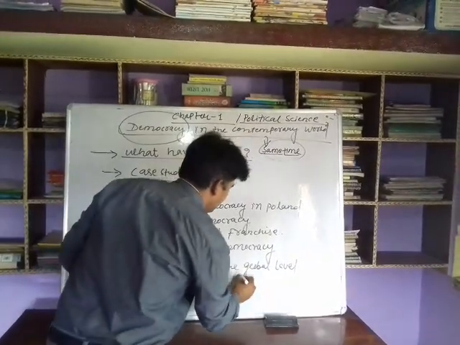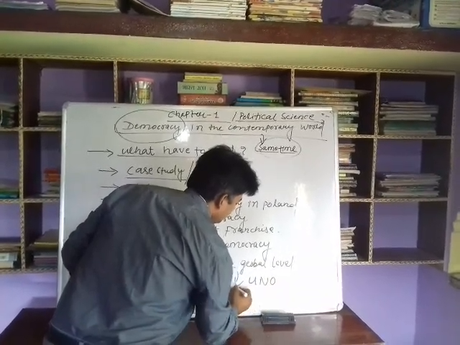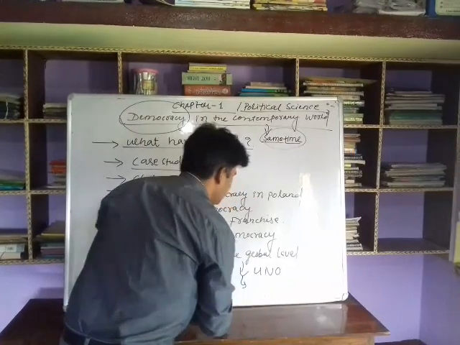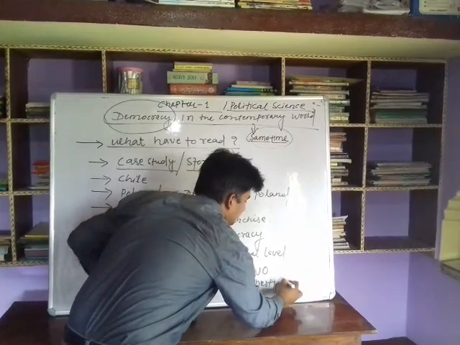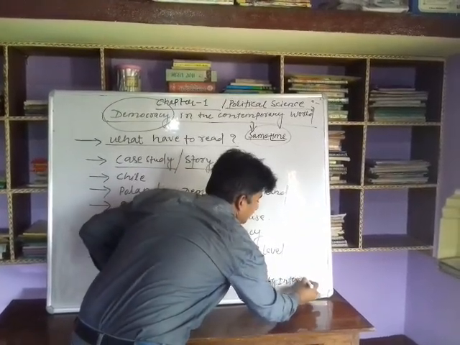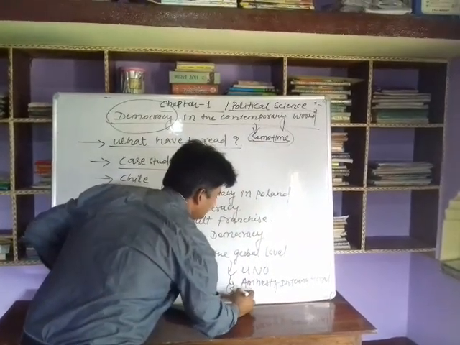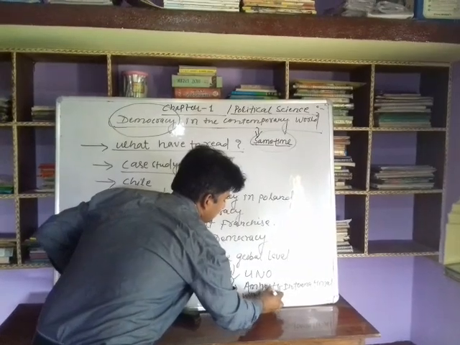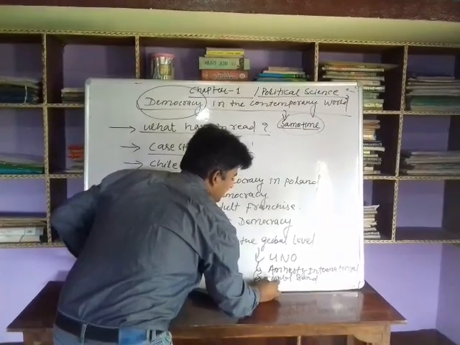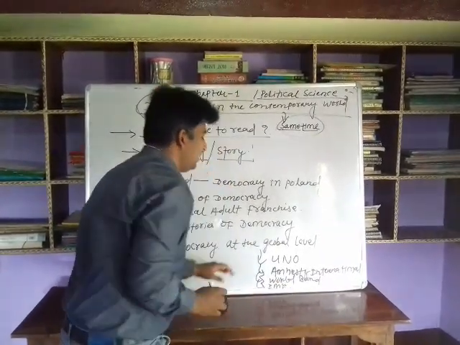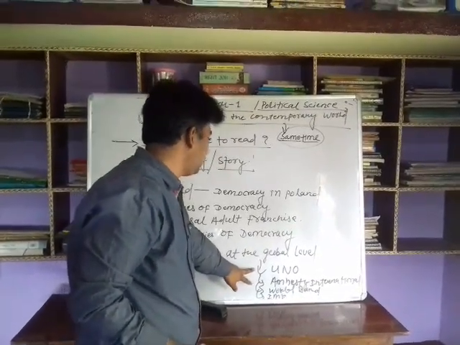We see here UNO, Amnesty International. Then we see World Bank, IMF. These four bodies are the global bodies.